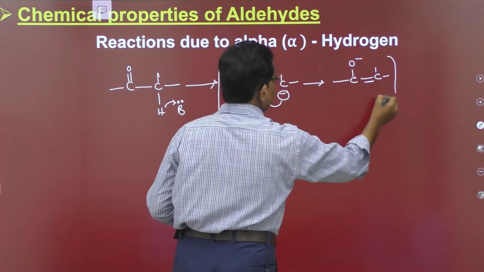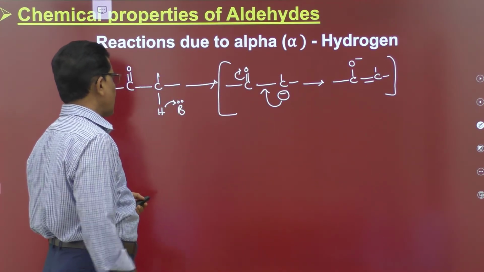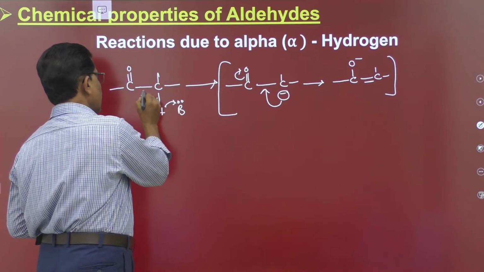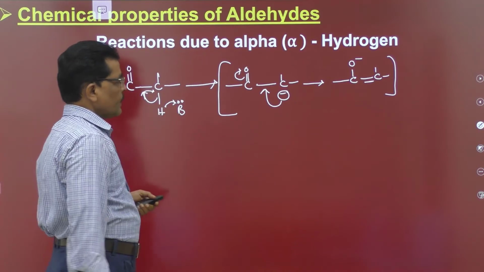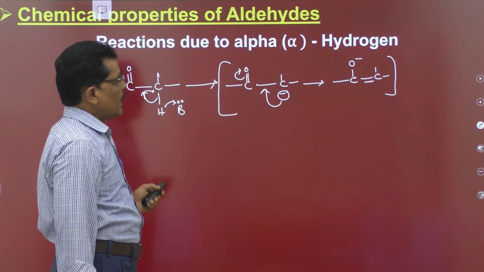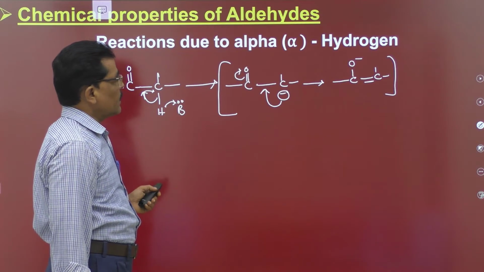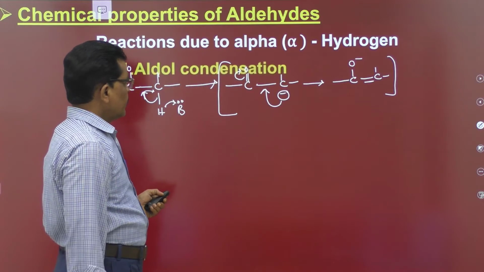So after losing this alpha hydrogen, it can be stabilized with resonating structures. Therefore, alpha hydrogen aldehydes are acidic in nature. Right, understand? Okay.